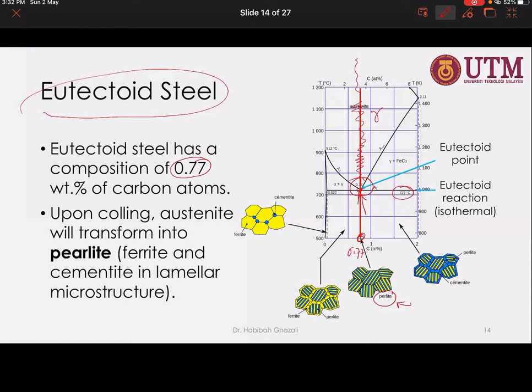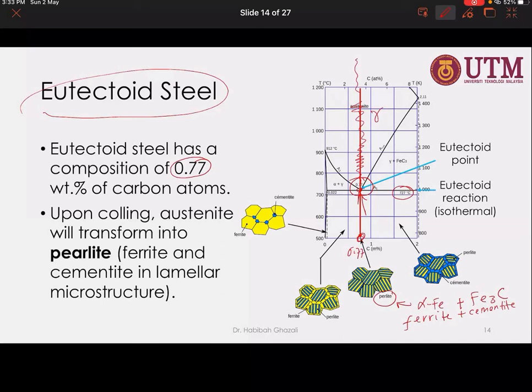It is a lamellar structure that consists of ferrite, or alpha iron, plus cementite. Or the name is ferrite plus cementite.